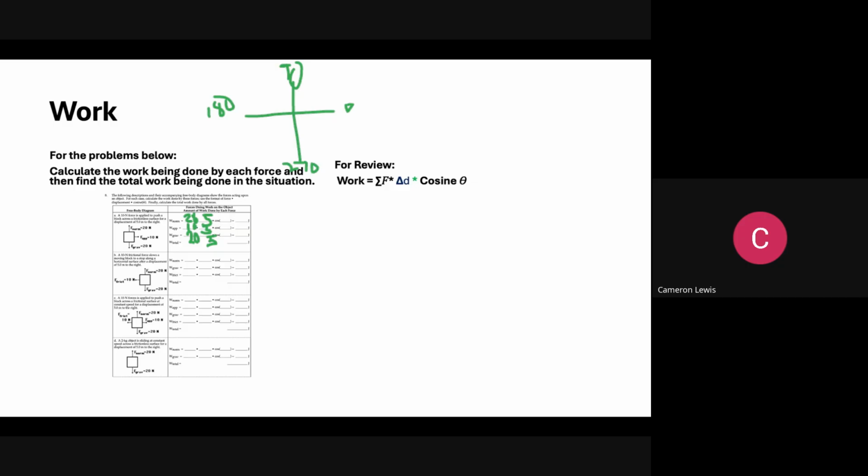So if I look at my first one, F norm, right? That's at an angle of 90, perpendicular to the horizontal, right? This force applied, I would say, is an angle of 0. And the F grav is at an angle of, let's say, 270.